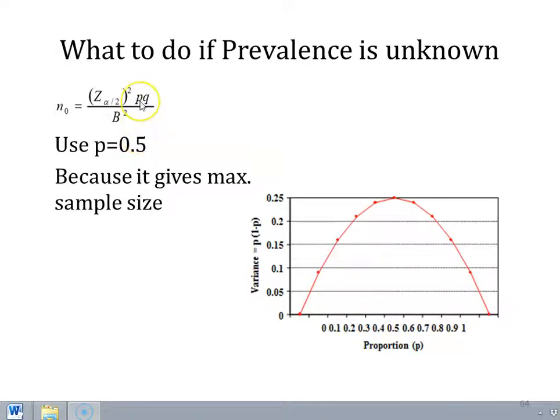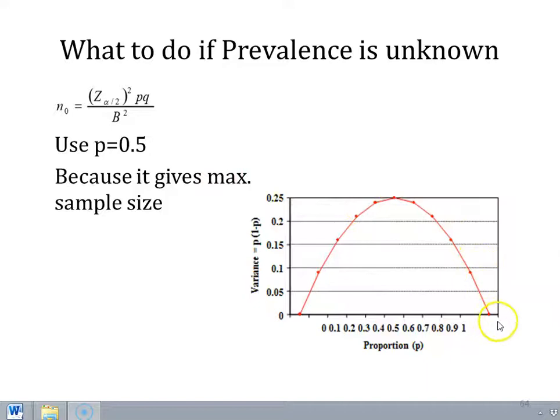If it is 50%, P will be 0.5, and Q means 1 minus P. That is for 0.5 P, it will be 0.5 Q. So checking here for population proportion 0.5, what will be the value of PQ? It will be 0.25. So you can see that's the maximum variance, and the maximum value here will give the maximum sample size here. And the maximum sample size is basically the safest option when you do not know the prevalence.